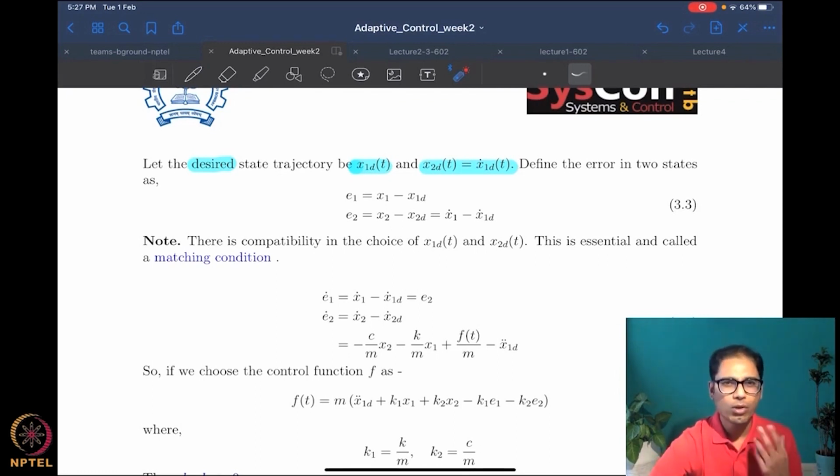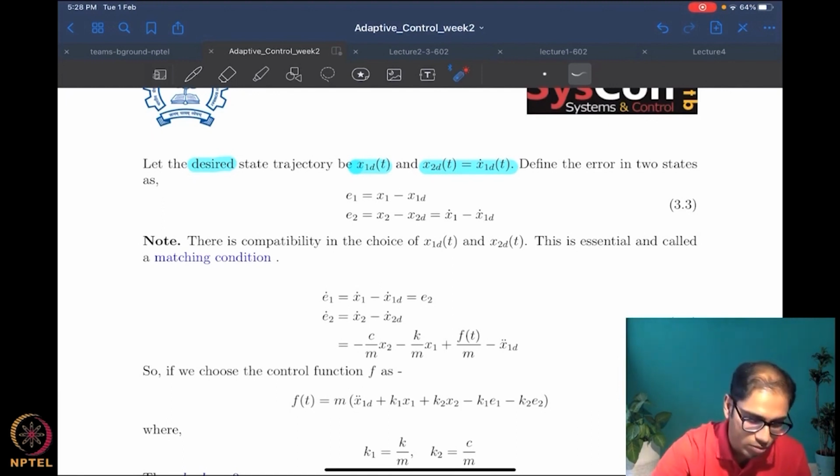As control engineers, we are always interested in looking at things going to zero. Remember, we always said that our equilibrium we assume to be at the origin. So we're always interested in going to zero. Barbalat's lemma is also saying that a signal goes to zero. Because we want to deal with objects that go to zero, we want to create error variables.